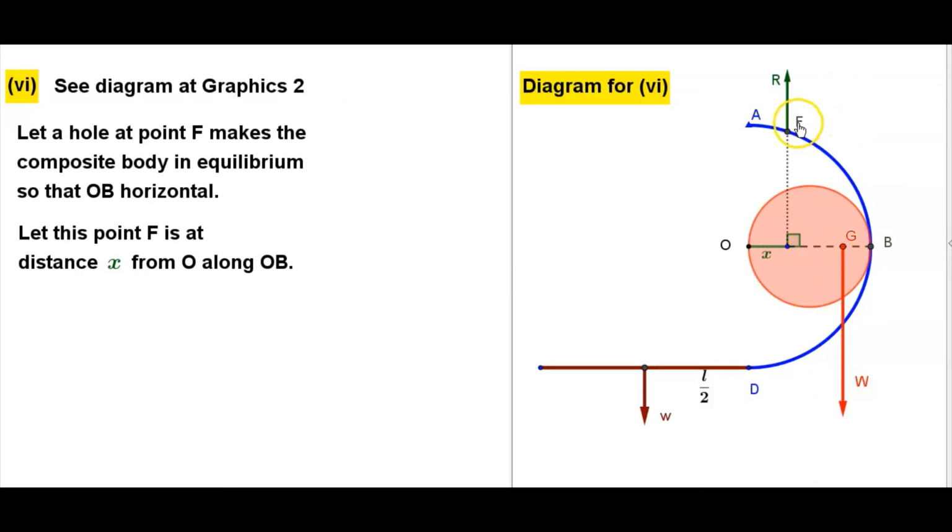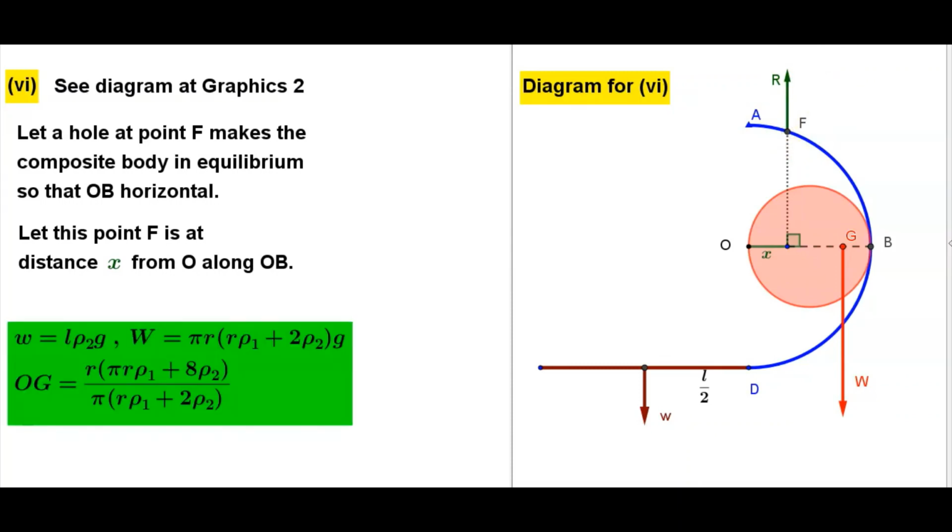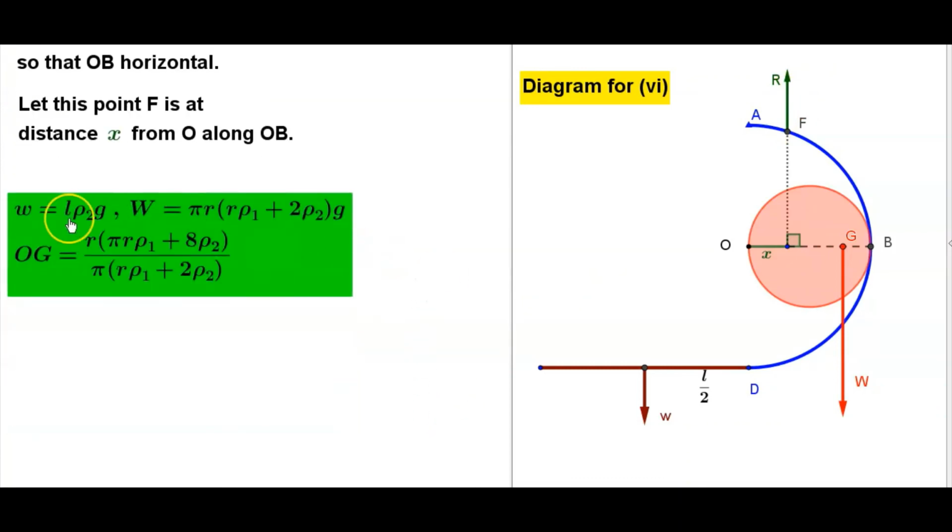This is hung from point F, and this is the action R. From the previous part we already proved it. Small w is equal to L rho 2 g, capital W is pi r into r rho 1 plus 2 rho 2 into g. OG is equal to this one.